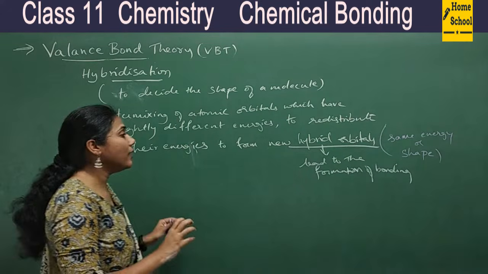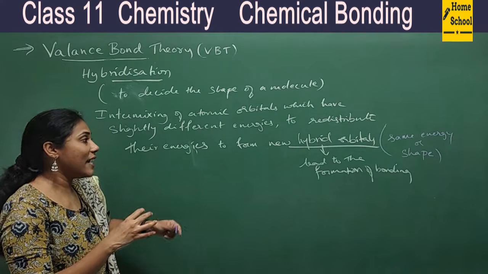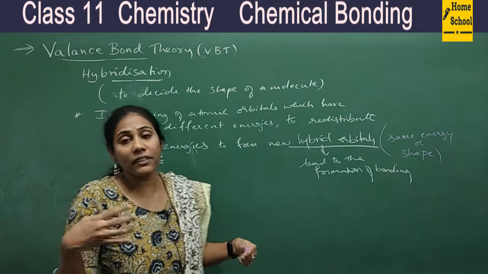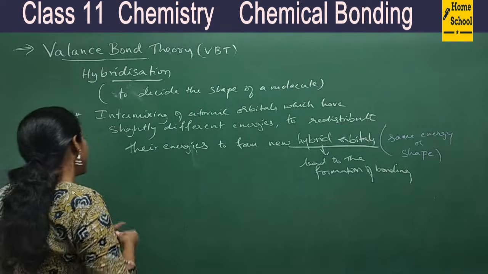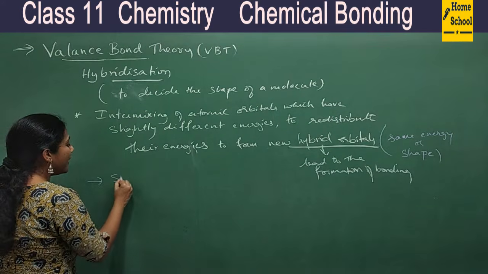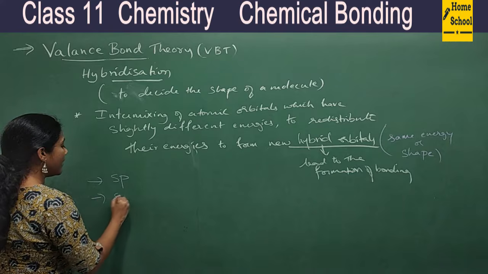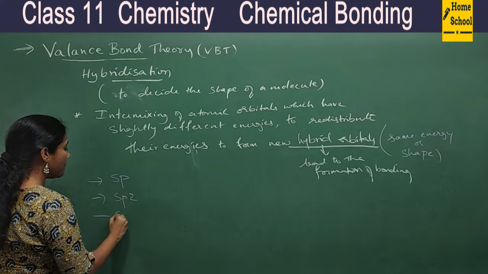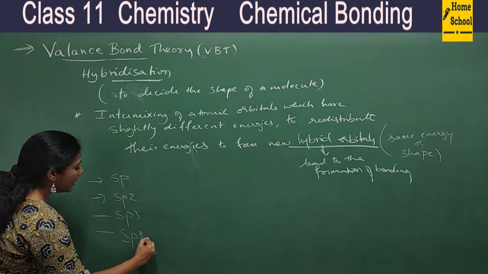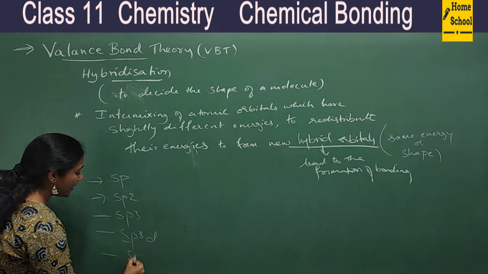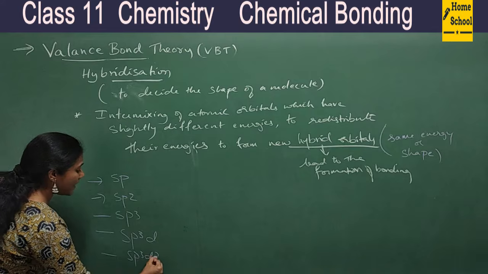Let us try to understand this hybridization with different examples. We have different types of hybridization: sp hybridization, sp2 hybridization, sp3 hybridization, sp3d hybridization, and sp3d2 hybridization.